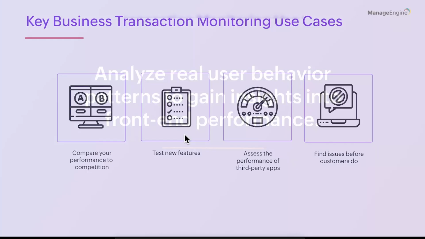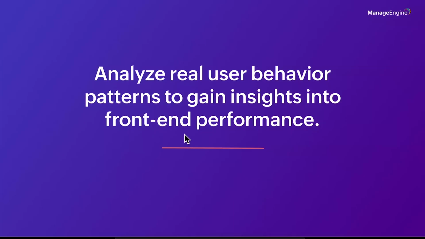So moving on, the third topic for today is analyzing real user behavior patterns to gain insights into front-end performance. As businesses go digital and global, their websites are accessed from various devices from multiple geographies.